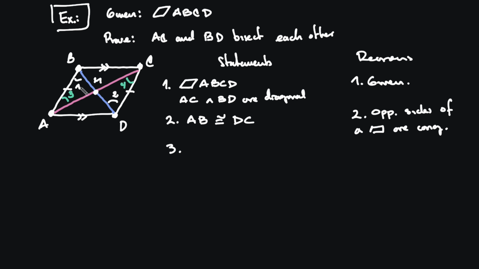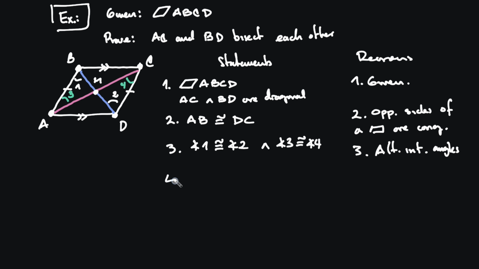So we know by alternate interior angles that angle 1 is congruent with angle 2, and angle 3 is congruent with angle 4. This is because of alternate interior angles, right? This is number 3. Number 4. So we already have basically everything.